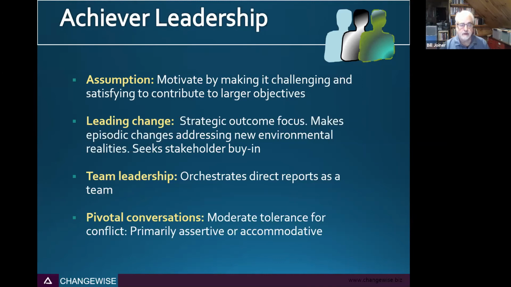Here what we find is that most achievers are either primarily assertive, a slight majority, or primarily accommodative, but they can also use somewhat of the other style to balance to some degree the way they handle pivotal conversations.